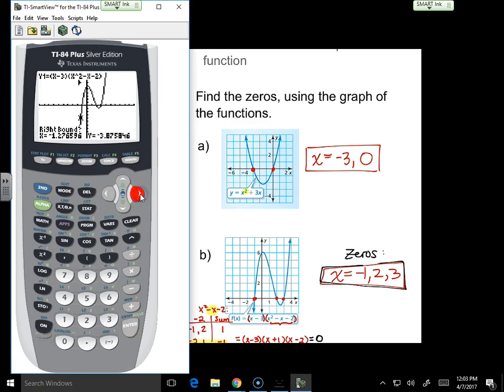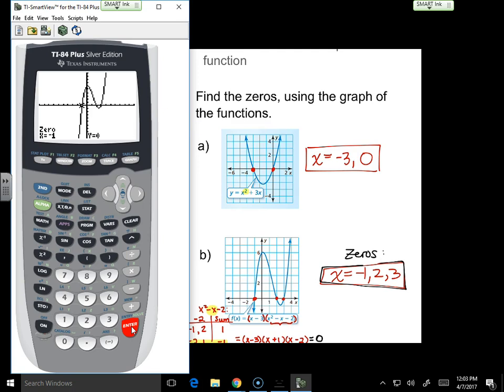You have to give the calculator parameters where to look. So I'm going to go past to the right, past the x-axis, where it crosses. So I hit enter to the left, enter to the right, and then I hit enter again. It says guess. Hit enter again. If you give it the right parameter, it's going to find one.